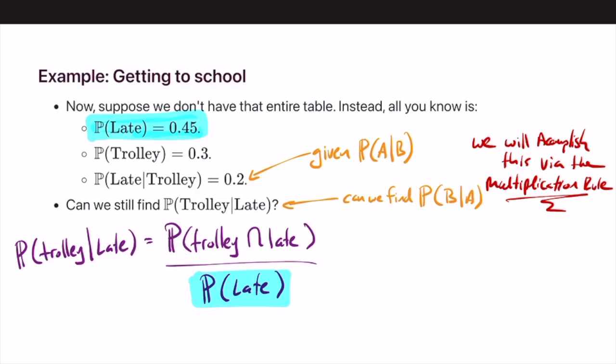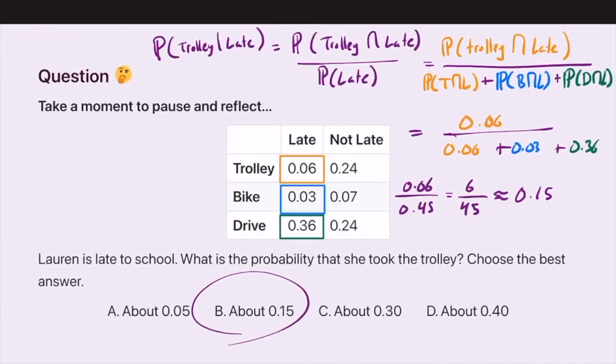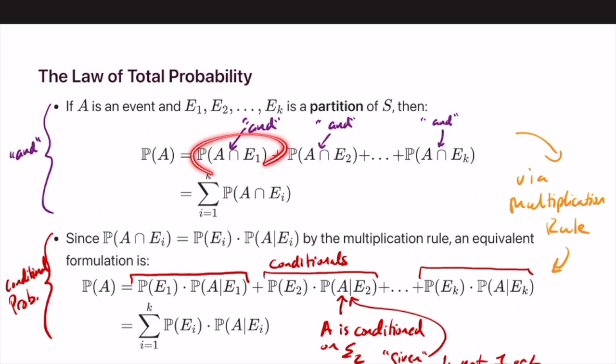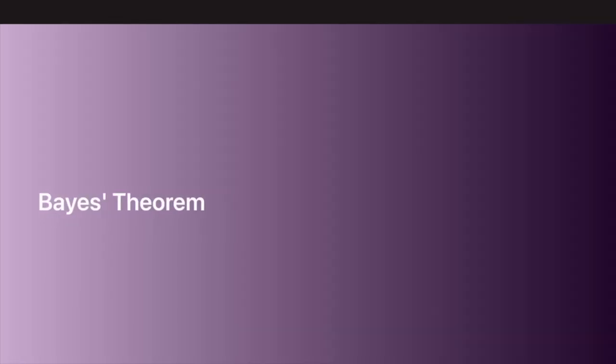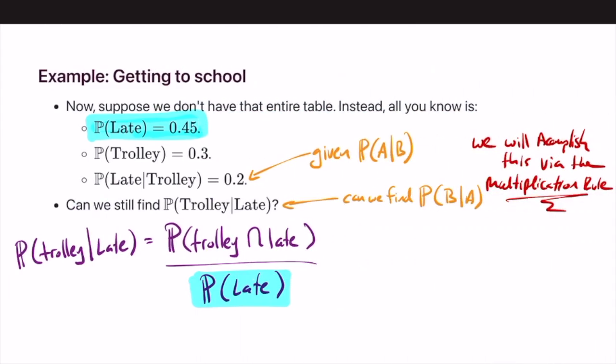And we're going to need to use the multiplication rule and apply it carefully in order to get this part, because we don't have this "and". We need to put it into a format of conditional probability. Remember, we don't have this, but we can use the multiplication rule to get it into this form. So this can become this. So let's go ahead and do that.